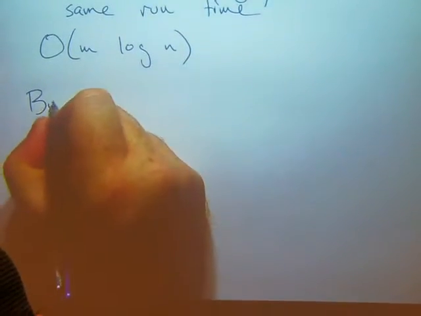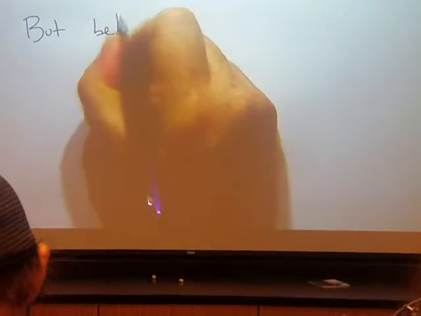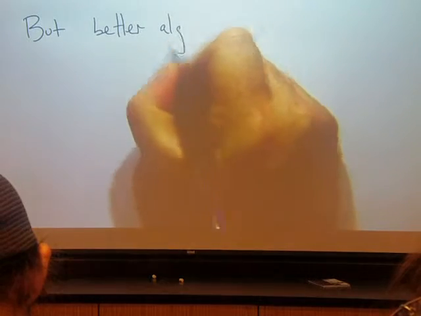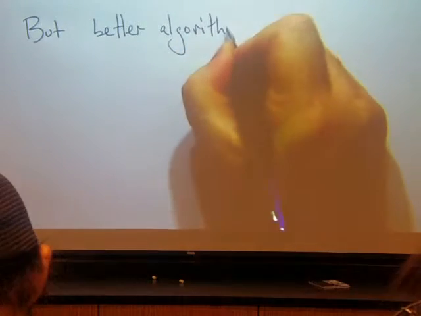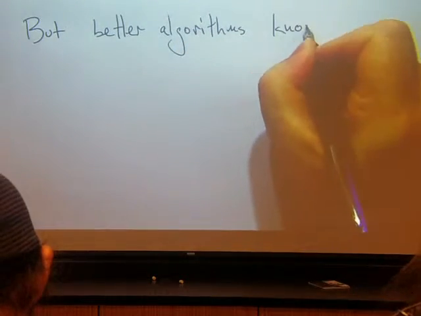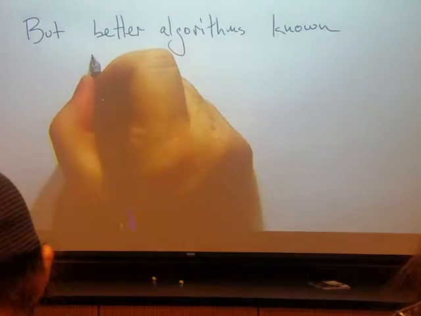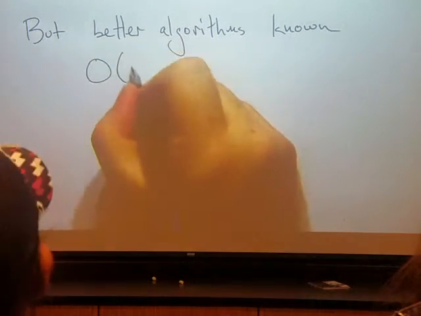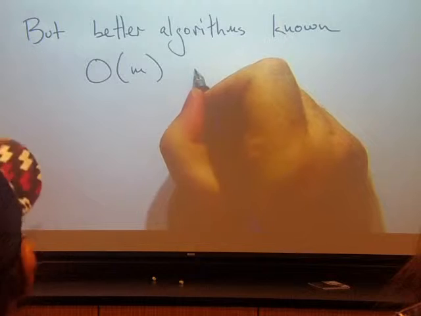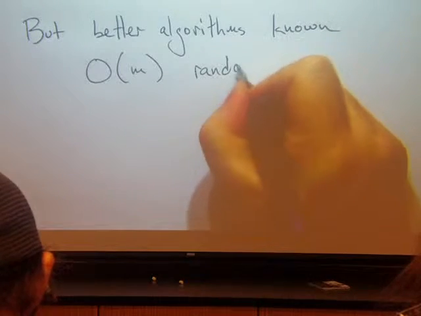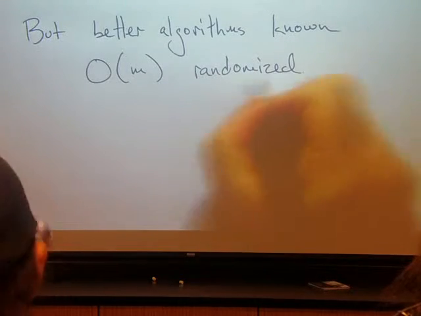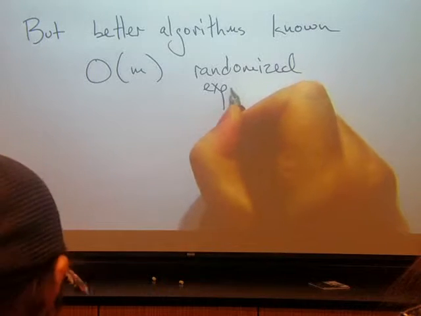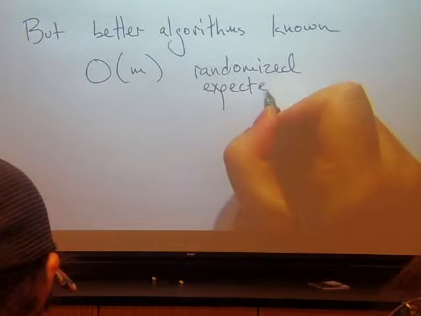But there are better algorithms known. We know how to find minimum spanning trees in order m randomized expected time, like the linear time median finding, that sort of algorithm.